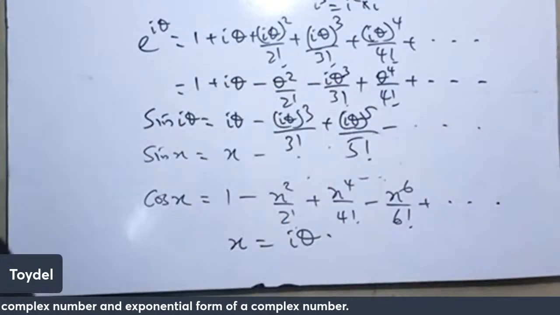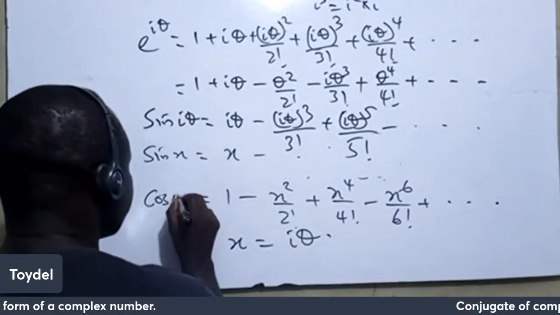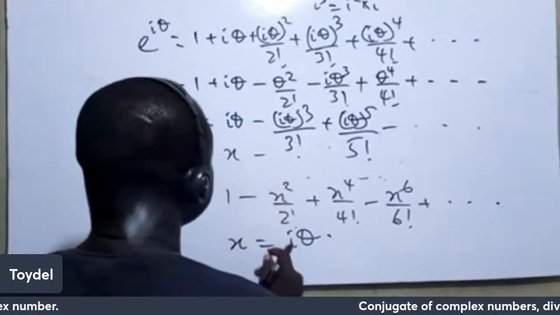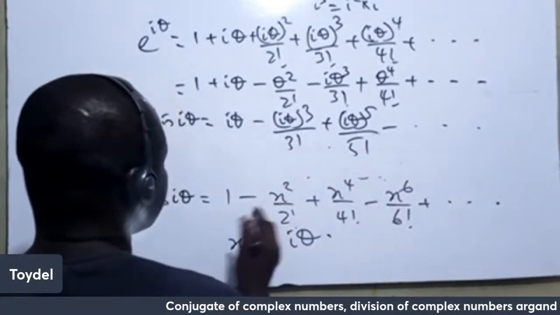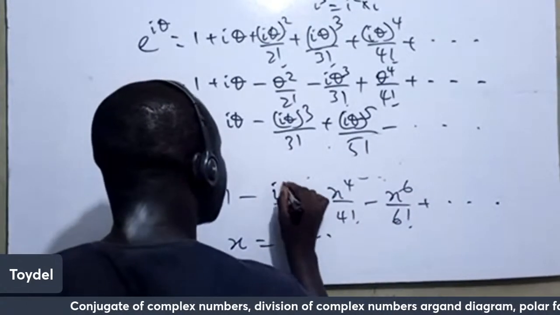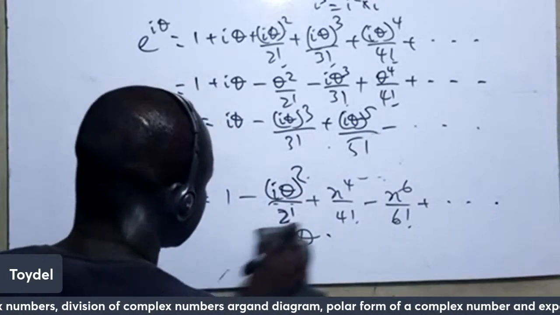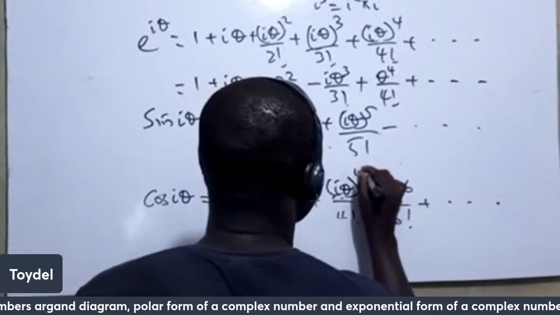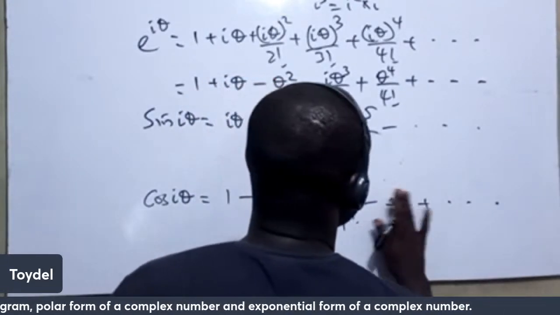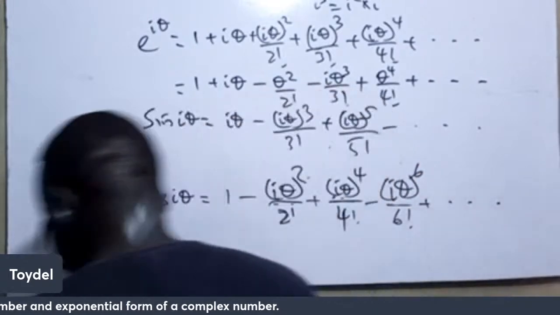If we do the same thing to cos, instead of x, I'm going to have i theta. Cos i theta will give me i theta all squared all over 2 factorial. Then here I'm going to have i theta, everything raised to 4 all over 4 factorial. Then here I'm going to have i theta, everything raised to 6 all over 6 factorial, and in that order.